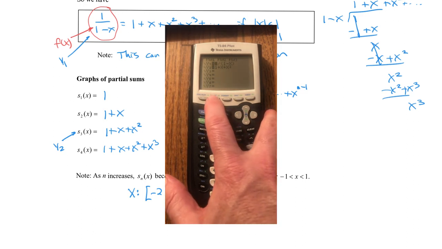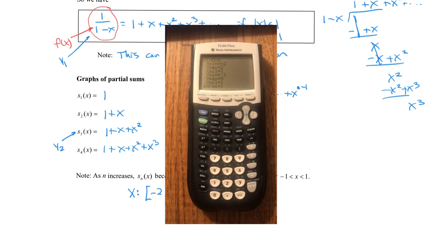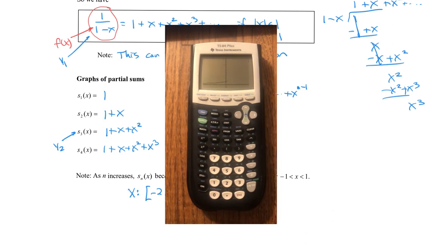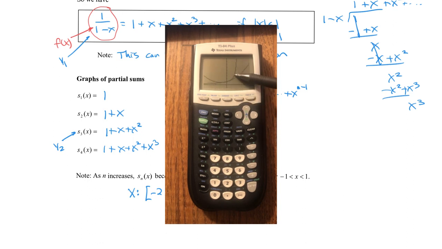So if you go to the window, x is set from negative 2 to 2, and y is from negative 1 to 9. So if we go to graph it, here's the original function. Then here's our s sub 3. Now s sub 3 is really 1 plus x squared, so this is really a quadratic. This is a quadratic, right, that's trying to approximate this function here.